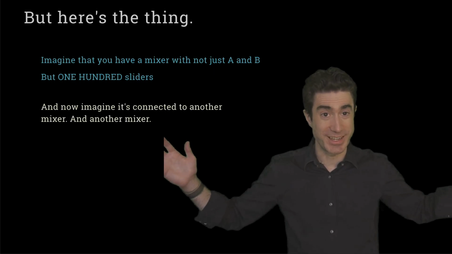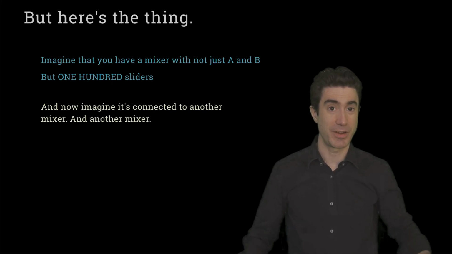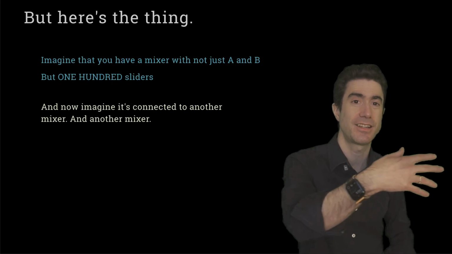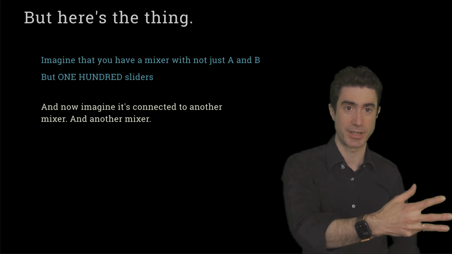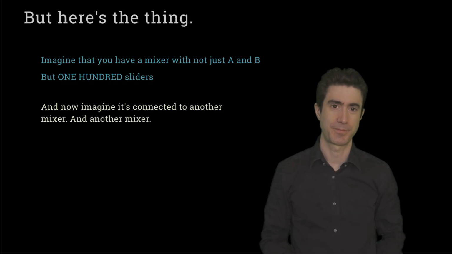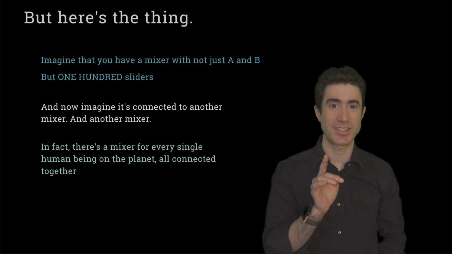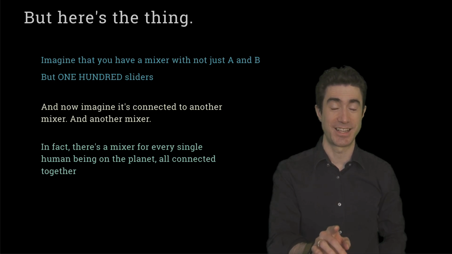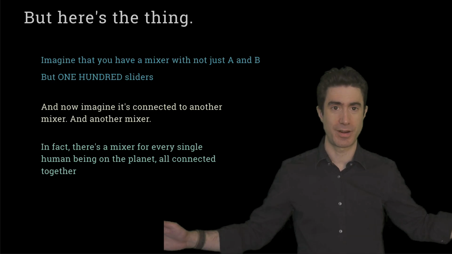And now imagine that we take this mixer with 100 sliders, all of these parameters, and we hook it up to another one and another one. So we're getting hundreds of these different sliders contributing to how the output is generated from the inputs. And now I want you to imagine that every single human on the planet, every person, has a mixer with 100 parameters.